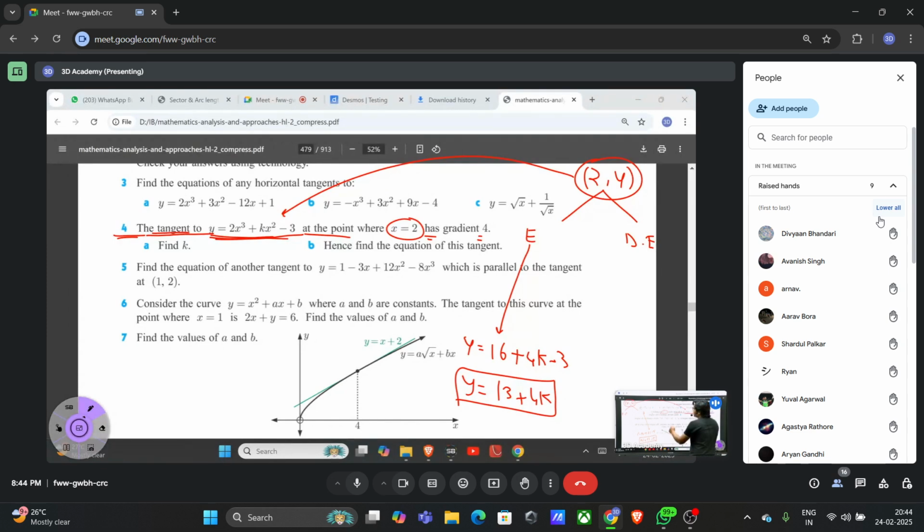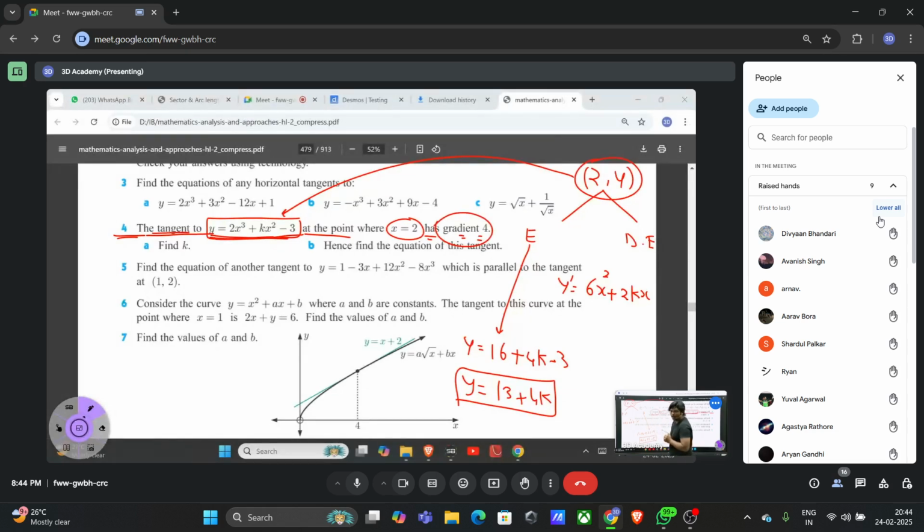Now the question has mentioned the gradient as well. So what will I do? I will differentiate this. When I differentiate it, what do I get? y dash equals 6x squared plus 2kx, right? And the question has given us the gradient is 4.